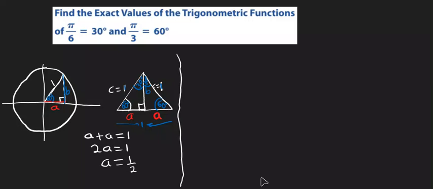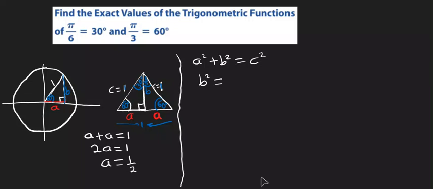Now, if we focus only on the right triangle, we know that a squared plus b squared is equal to c squared by the Pythagorean theorem. Let me take a to the other side.